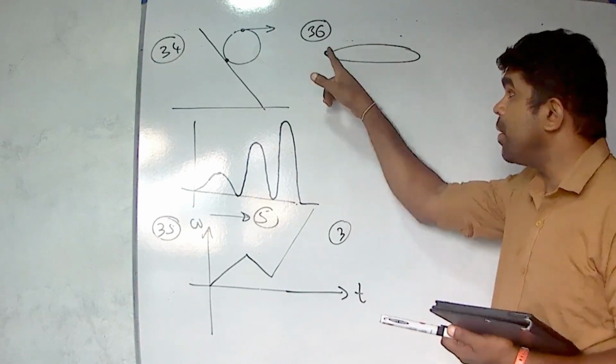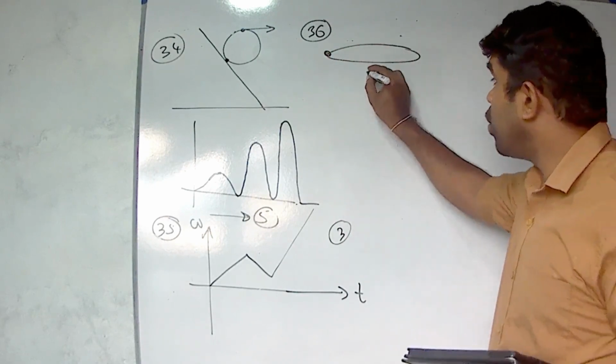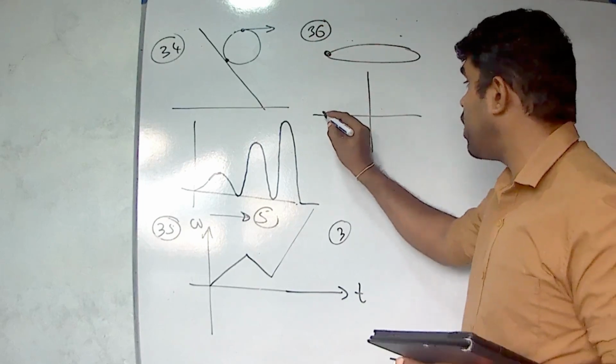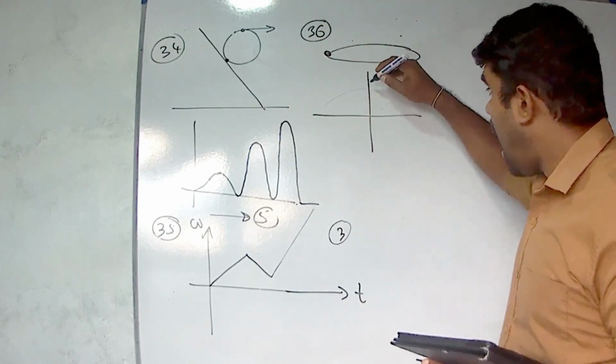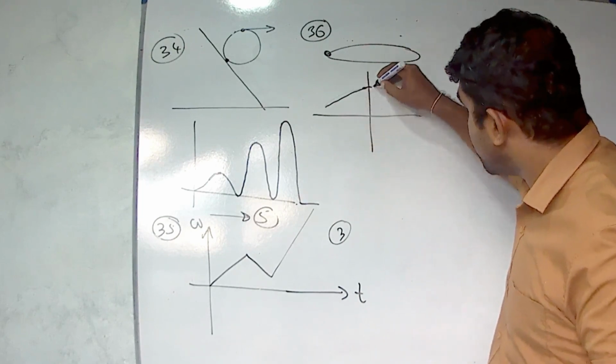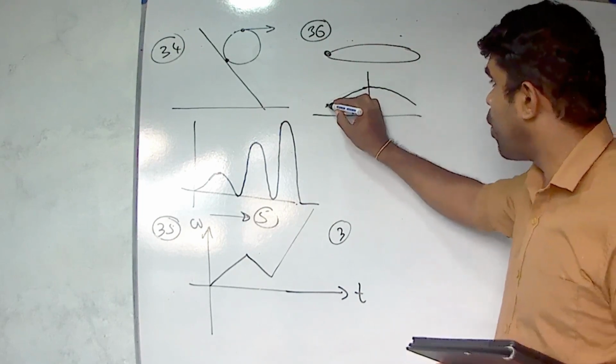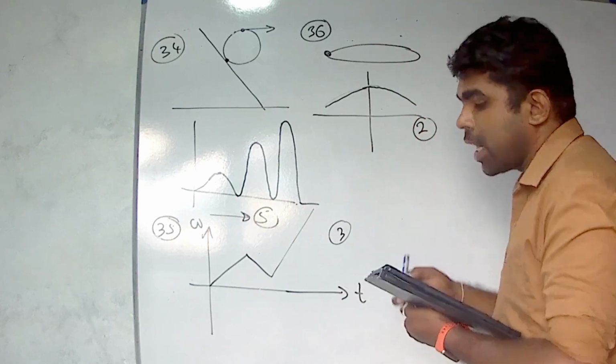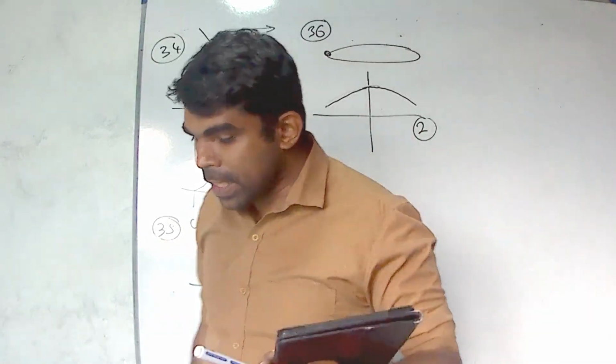For this part, the moment of inertia is decreasing, so angular velocity is increasing. And after passing the center, angular velocity is decreasing. Therefore, the graph should be like this. Then we can get the second answer as correct for question number 36.